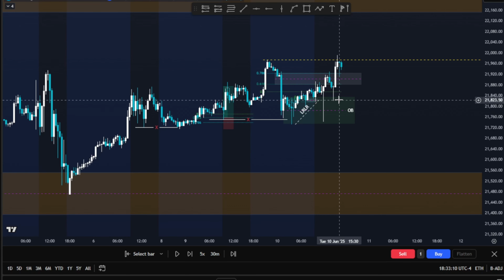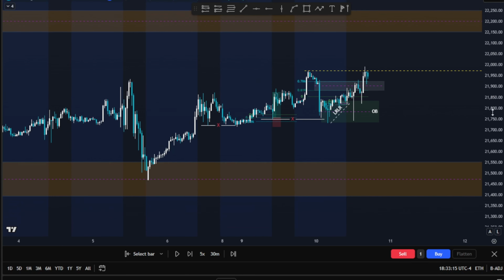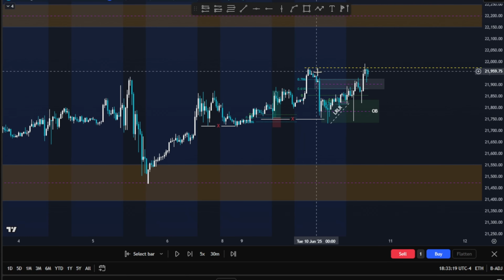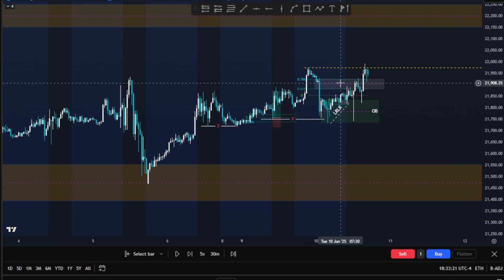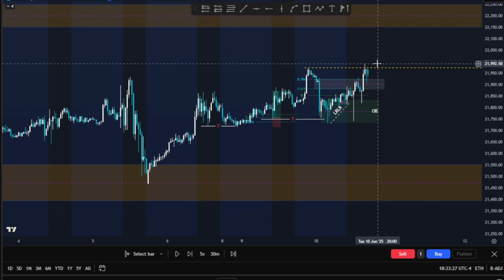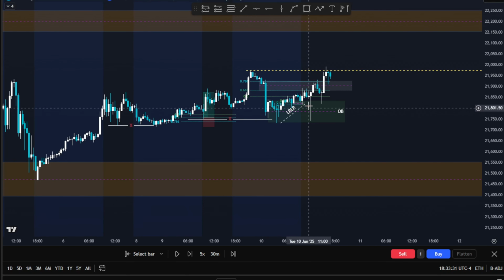Go back down, swipe the opposite liquidity before moving higher. Obviously, the overall trend is bullish, so it makes sense that once this is grabbed, it will go down, rebalance, back up, go down, swipe all these sell side liquidity, lower resistance, and then go back up, getting the significant high, right?